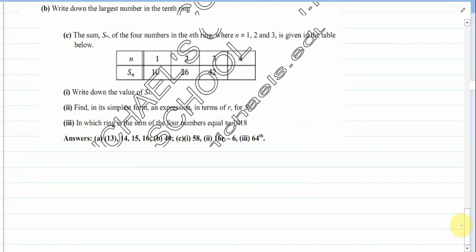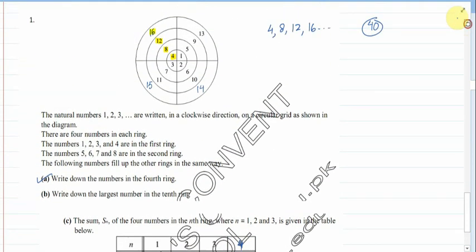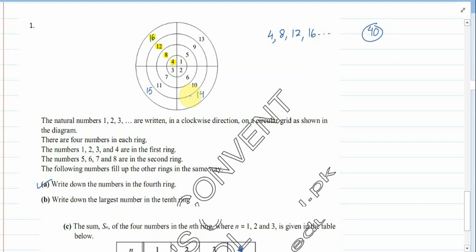C. The sum of the 4 numbers in the nth ring, where n is 1, 2, 3, is given in the table. So all the numbers in the first ring add up to 10, the second 26, the third 42. What is the sum of all the numbers in ring 4? The numbers in ring 4 are 13, 14, 15, 16.